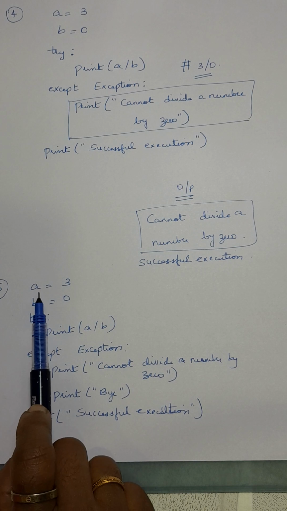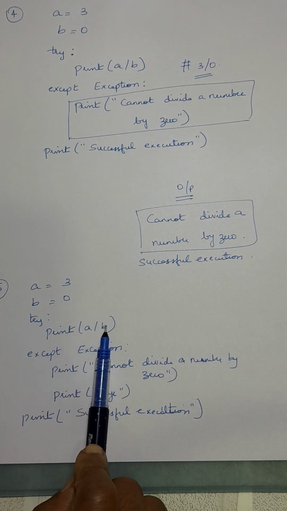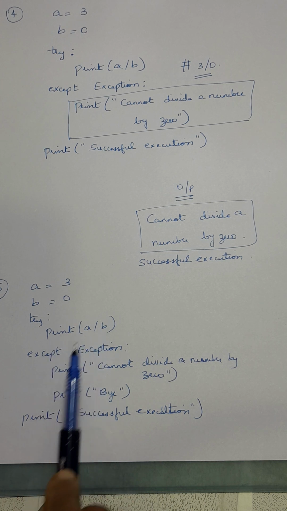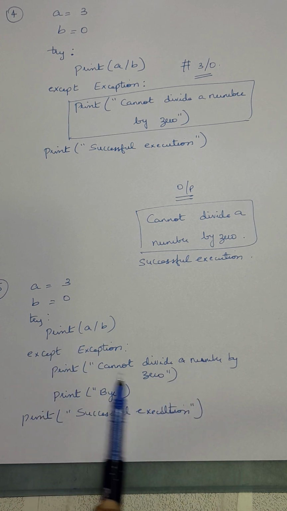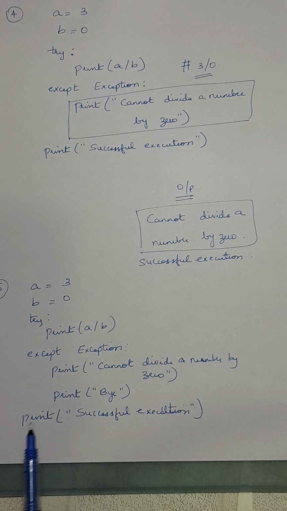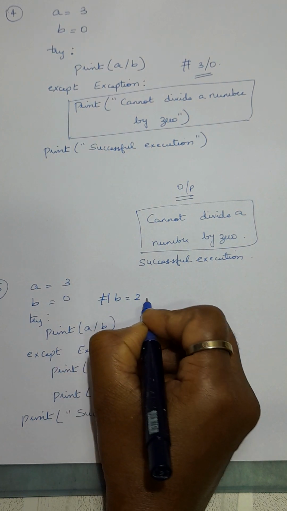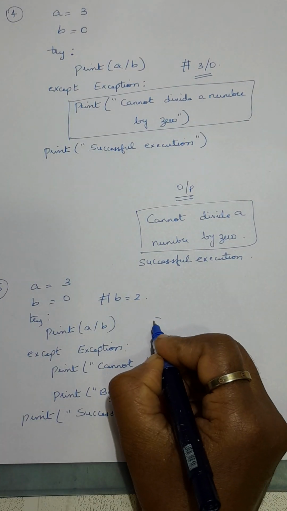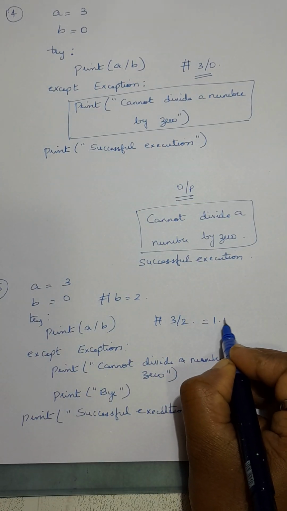Similarly, see this example: a equal to 3, b is equal to 0, I'm trying 3 divided by 0. There is an exception, I have to handle that. Immediately it comes, cannot divide a number by 0. Then it will print bye, followed by successful execution. Now if instead of 0, b was 2, what will happen? 3 divided by 2, it will print the answer 1.5.